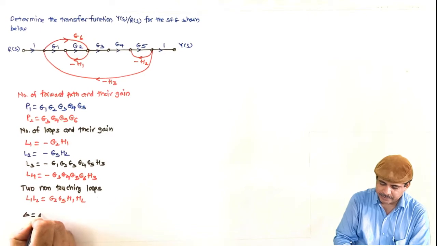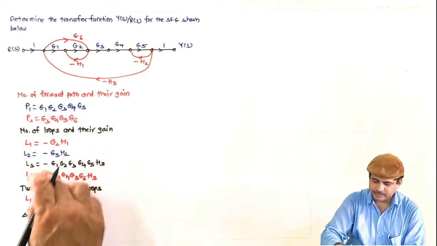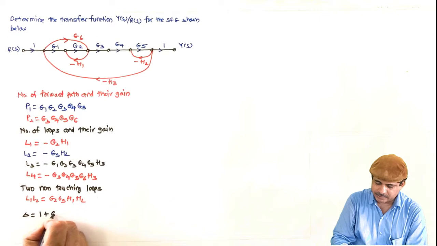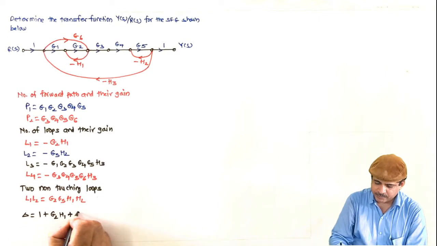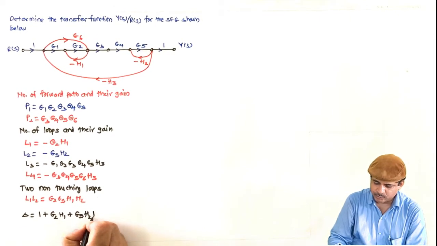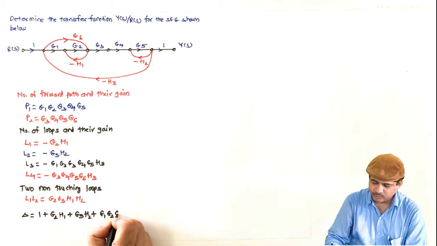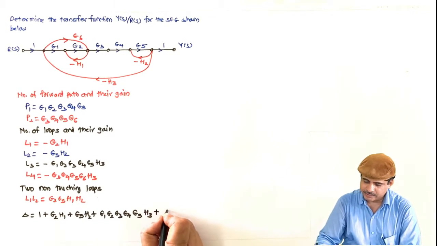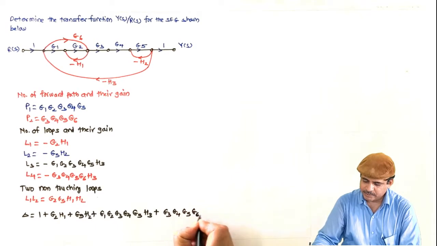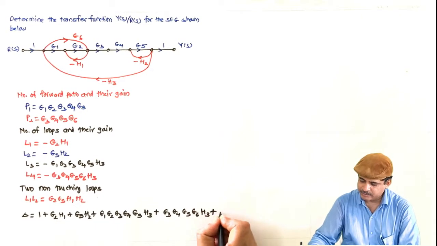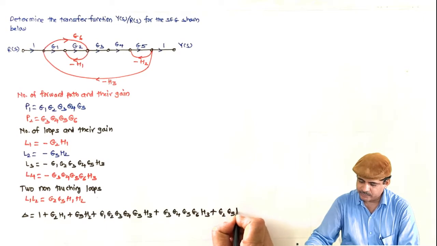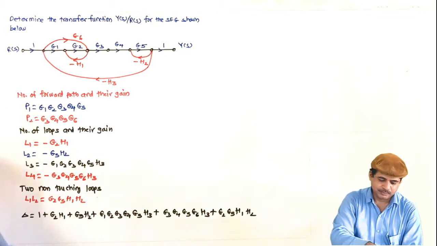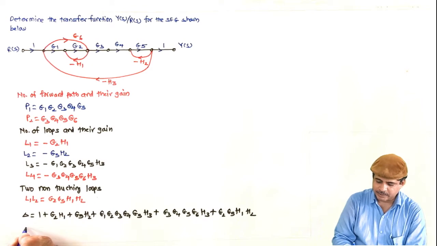So delta will be 1 plus all these, because minus minus becomes plus, plus G2H1 plus G5H2 plus G1, G2, G3, G4, G5H3 plus G3, G4, G5, G6, H3 plus G2, G5, H1, H2, and then delta 1.